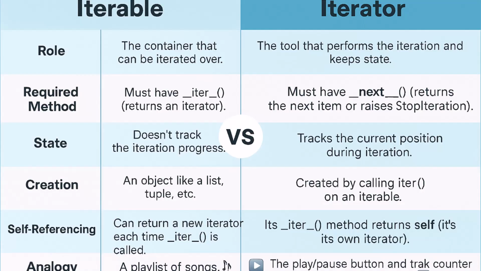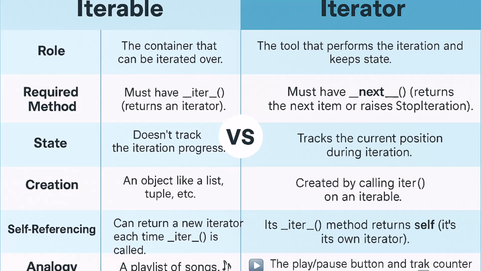So let us see the main difference between iterable and iterator. An iterable is an object with an __iter__ method, whereas an iterator is an object with both __iter__ and __next__ methods. An iterable can be looped over. Similarly, an iterator can also be looped over, but in a pause and resume fashion.